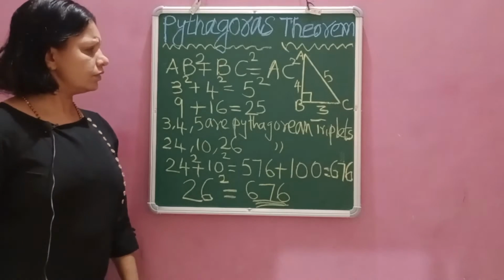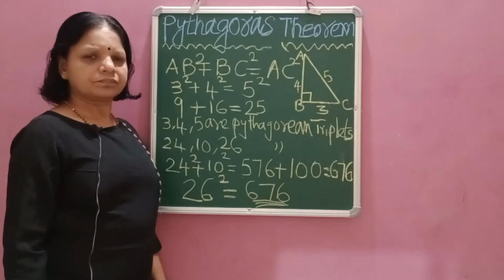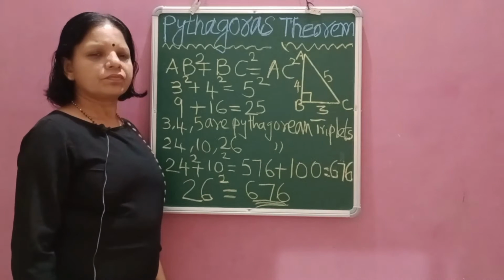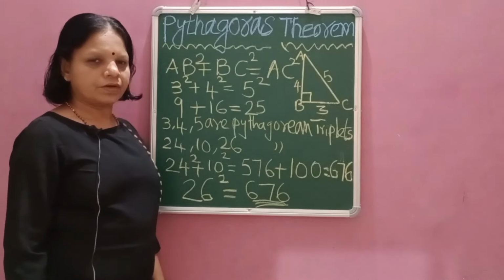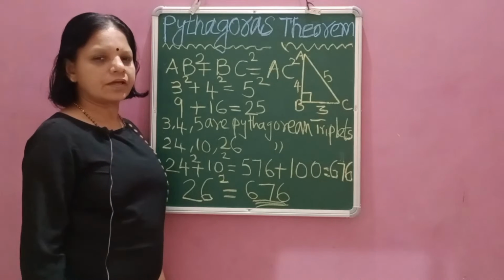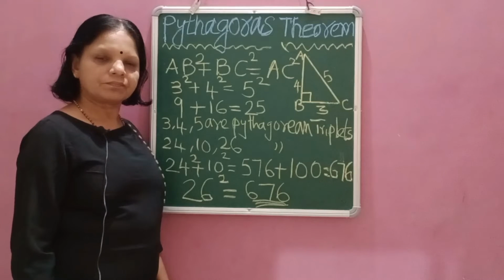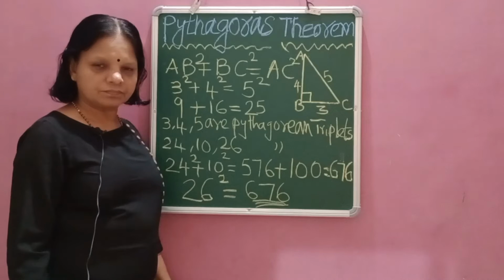So the relation is that if you find the square of BC, you know how to find the square. Multiply the number by the same number. And then find the square of AB. Also find the square of AC.